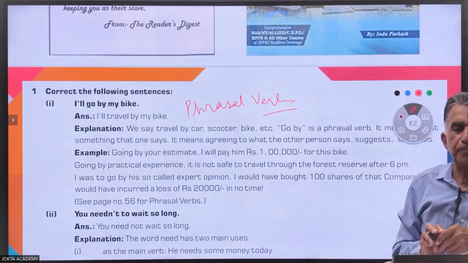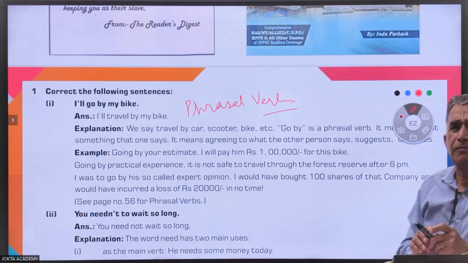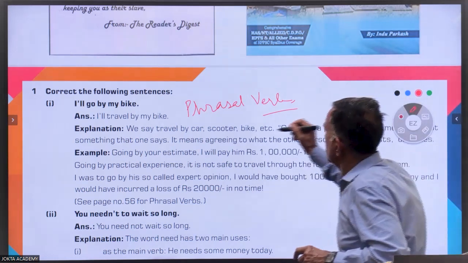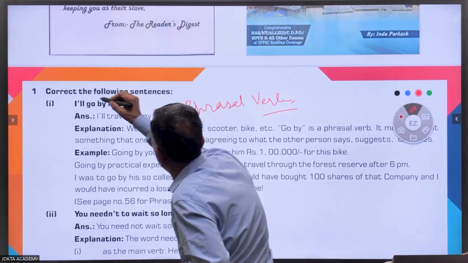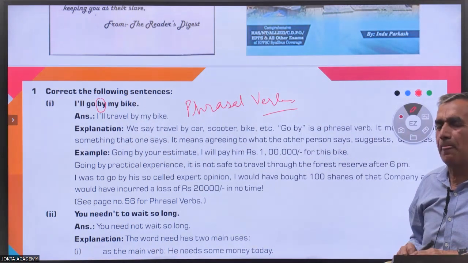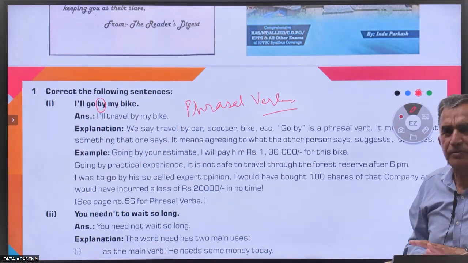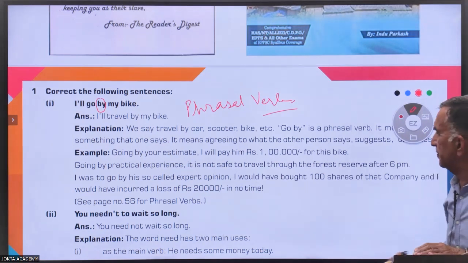Phrasal verb means the meaning of a verb changes totally with the addition of a preposition. So, we require here travel by. We travel by cars, trains, scooters.